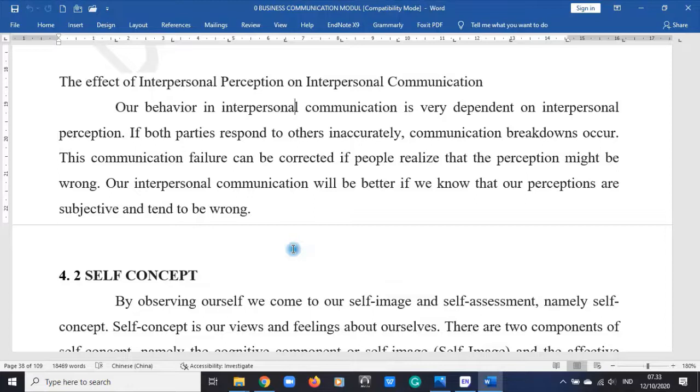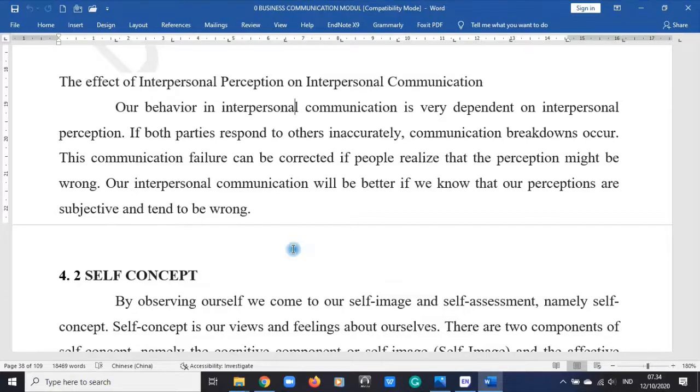So we must know that our perception is not always correct. You have your own stereotype or any implicit personality theory. Well, you may have that, but we need to understand that probably our perception is wrong. So if we know perhaps our side is wrong, I am willing to revise it.